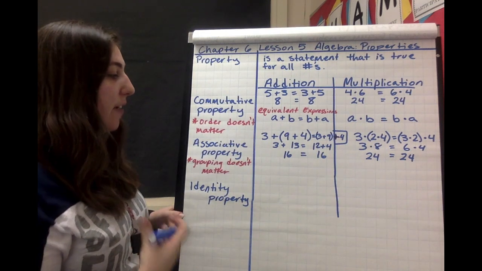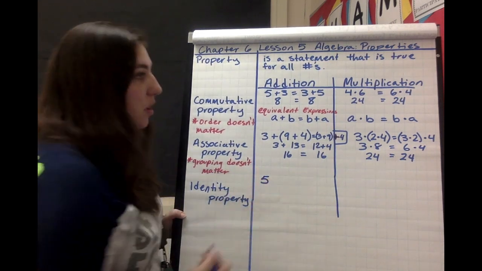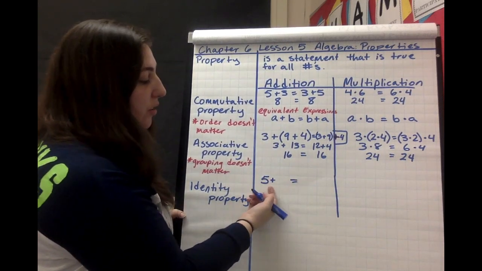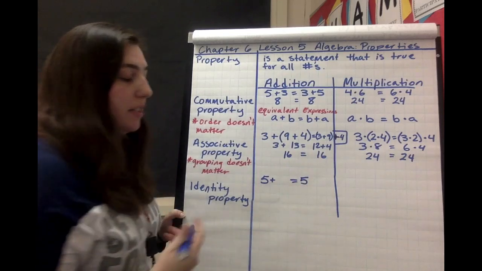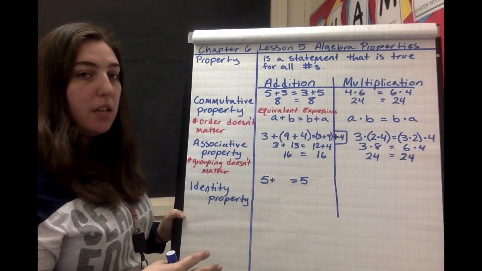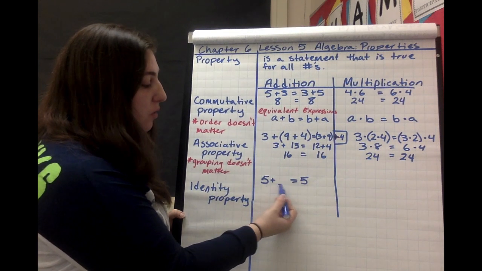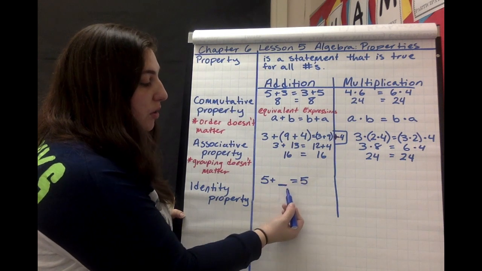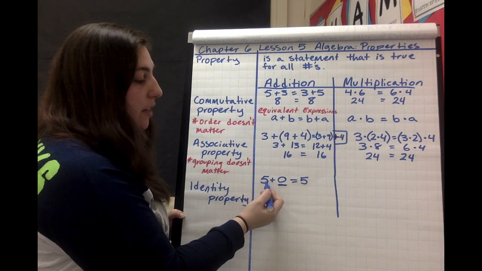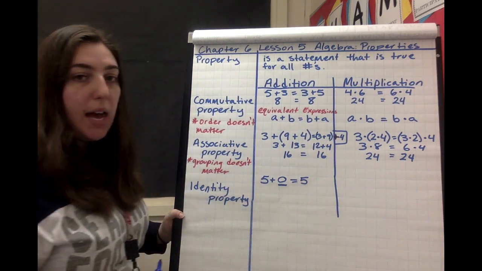Let's say if my identity was 5, I have to think, what can I add to this 5 so that my identity doesn't change? So that the identity of this 5 does not change. If I think about it, 5 plus something equals 5. Well, I know if I add 0, the identity of this 5 will not change. So 5 plus 0 equals 5.